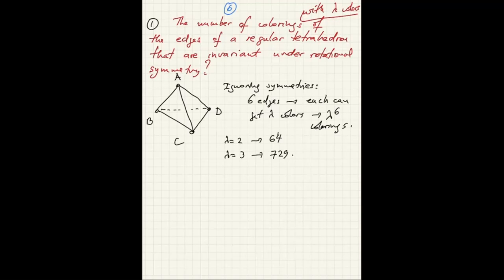So 2 colorings are going to be the same if you rotate the tetrahedron and get one coloring from the other. I think we had an example before with 5 edges colored 1 color and 1 edge colored a different color. So let me see where that is.